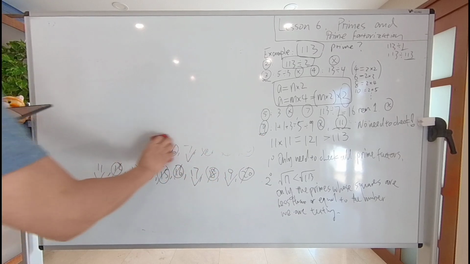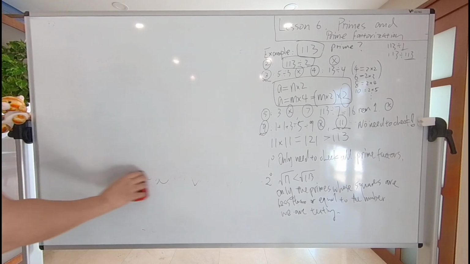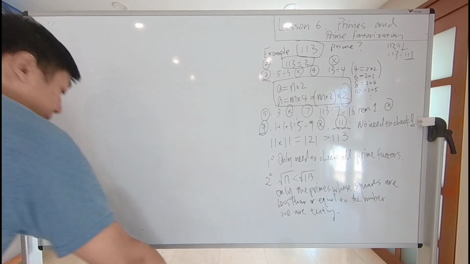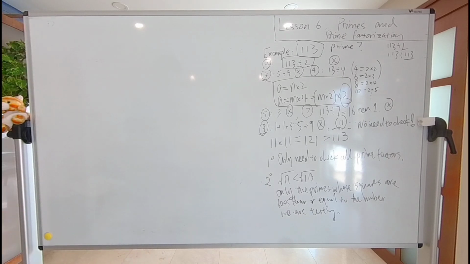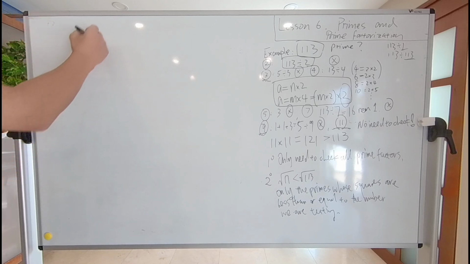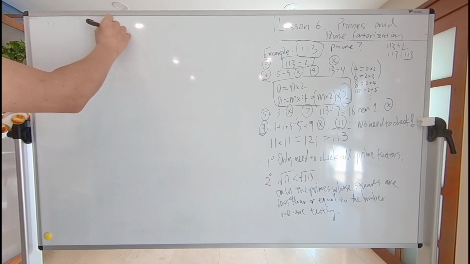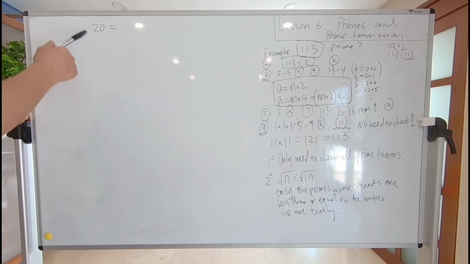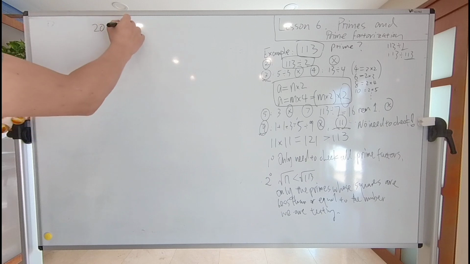And from the example we saw, there's another interesting point that you may already have noticed: if you have a factor, the factor usually comes in pairs, right? For example, if I have a number 20, well, 20 is an even number, so it's obviously not a prime. But if I'm pretending that I'm checking the primes starting from the first prime number, then I still check it with number 2, right?